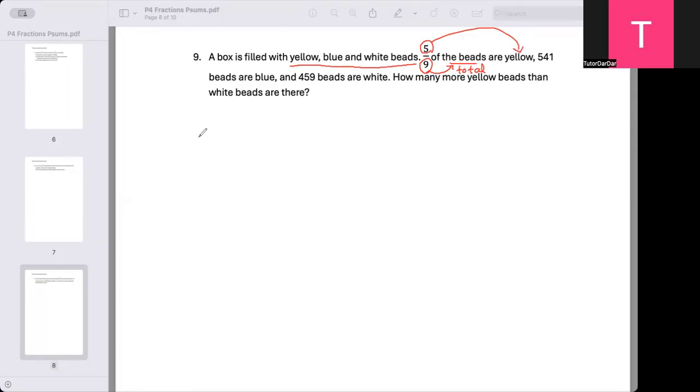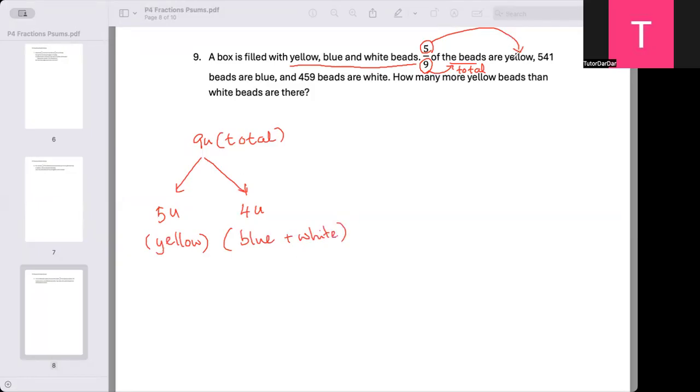So let's start. 9U is going to be the total. Then 5U is going to be yellow. When you take out the 5U as yellow, and there is no other fraction there to indicate which one is blue or white, you will know the rest, 4U, is going to be blue plus white beads.